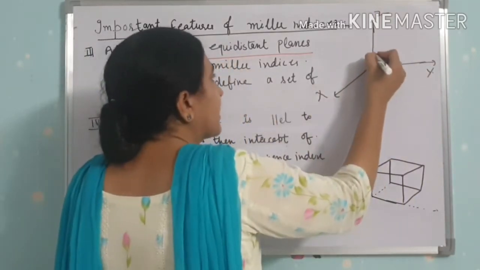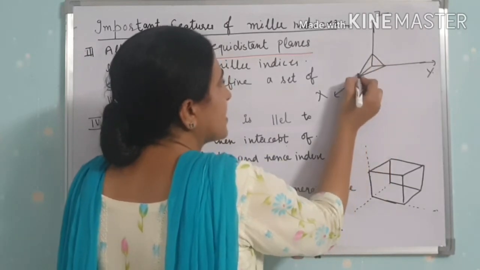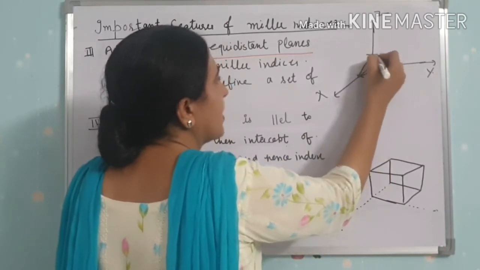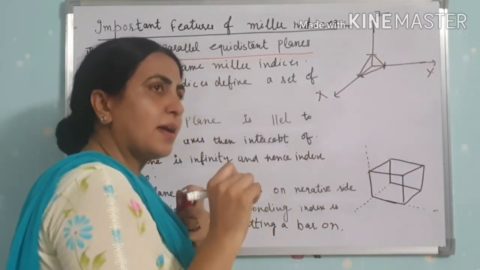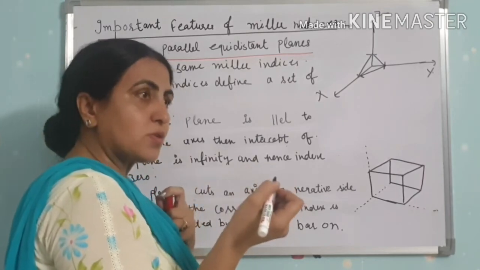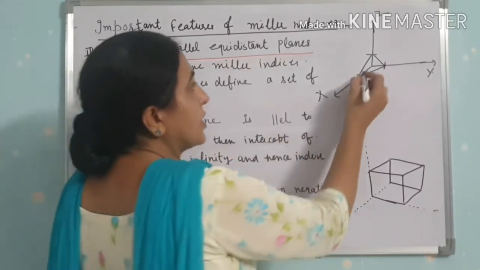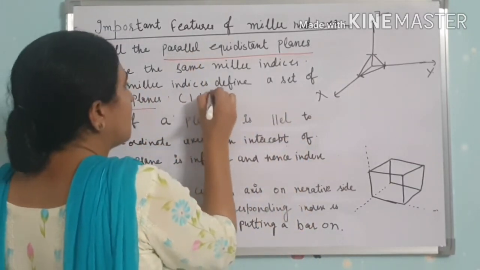If a plane cuts the axes at these points, at intercepts 1a, 1b, 1c, so intercepts are 1, 1, 1. Their reciprocals are also 1, 1, 1. So for this plane, the Miller indices are (1 1 1).